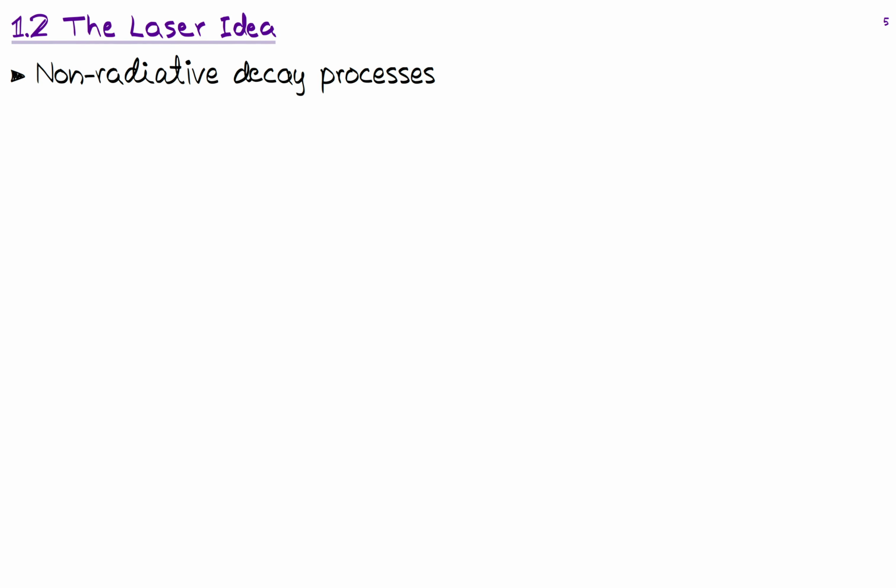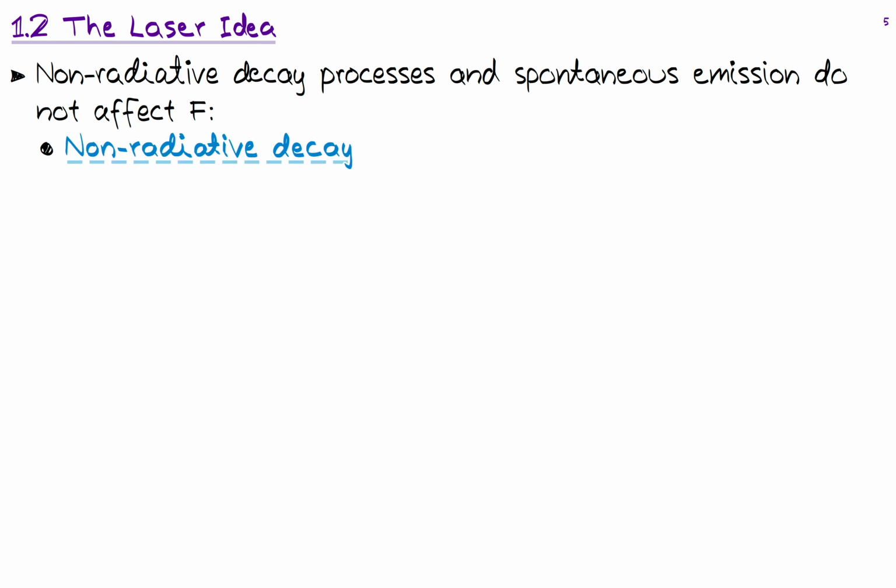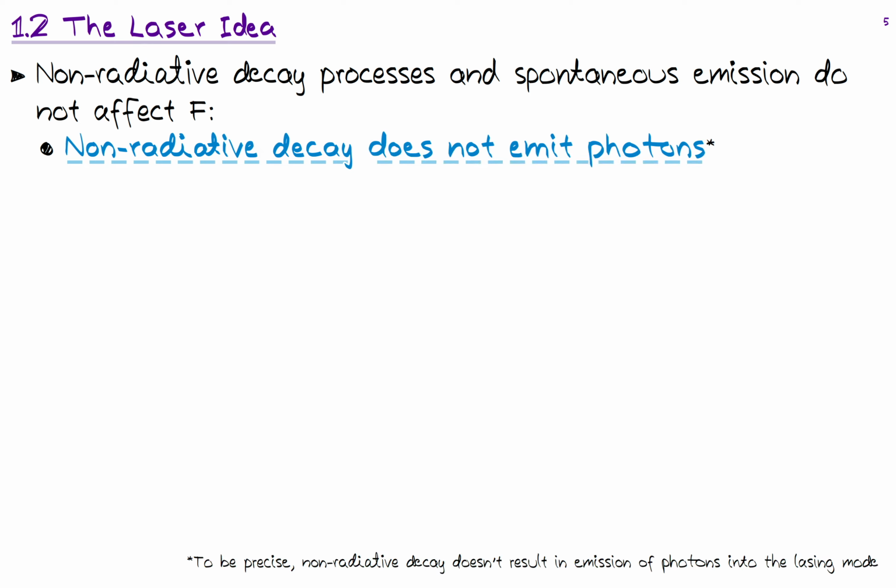We do not concern here non-radiative decay processes, nor spontaneous emission processes, because they do not affect the photon flux. Non-radiative decay processes do not emit photons, or rather, specifically, they do not emit photons operating in the lasing mode.